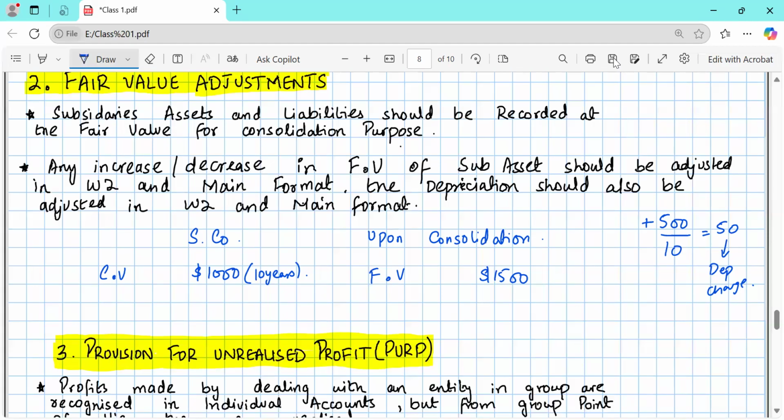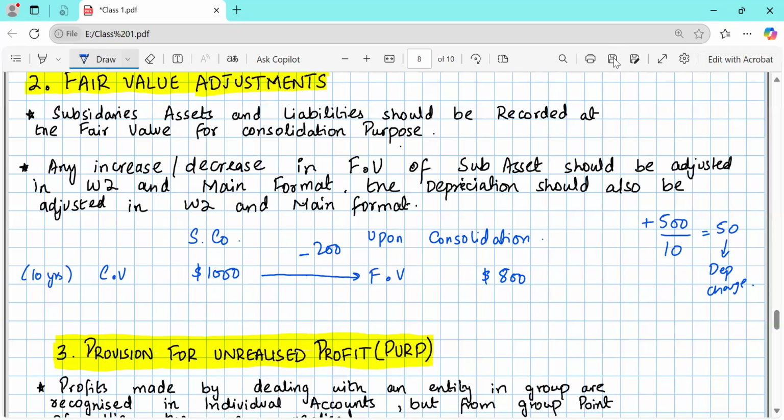Let's say the carrying value of the subsidiary company's asset, it can be any asset, property, plant, and equipment, was 1000. But upon consolidation, when you measure the market value, fair value, you find out that the fair value is 800. So it means now you have to reduce the value of the asset by 200, minus 200. Got the point?